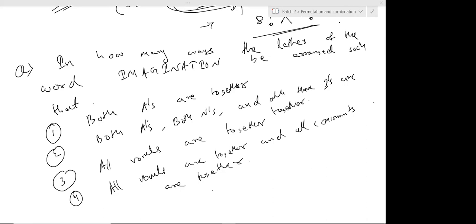Mazia, you have also not solved this question, and P too. All right, let's see.